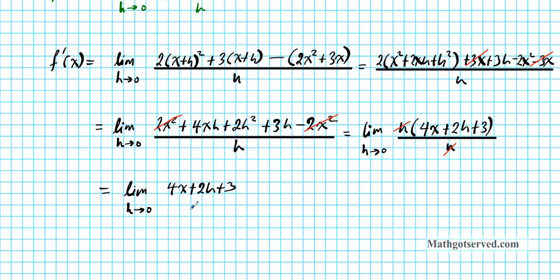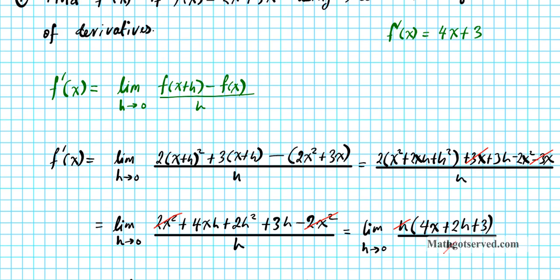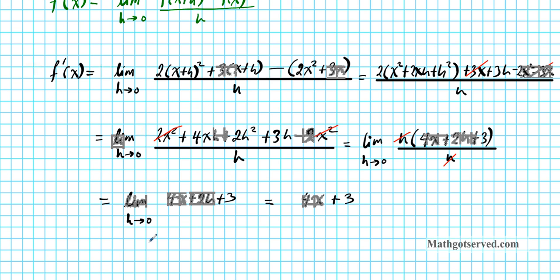Now we can just plug in 0 for h, and that's going to leave us with 4x plus 3, because this term attains a value of 0. And there goes your derivative, and we can see that it checks out with what we expected for f prime. Okay, so that's what f prime of x is, 4x plus 3. All right, let's move on to the next question.